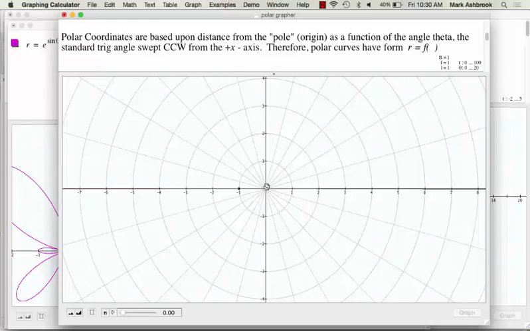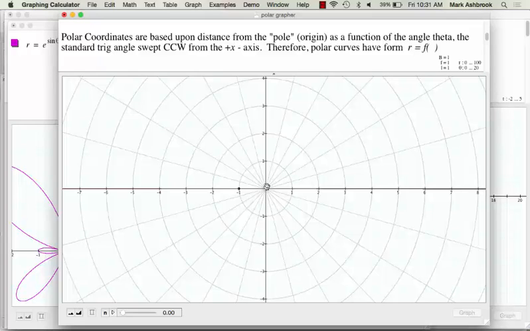We're used to x telling us how far left or right to go, and y telling us how far up and down to go. So polar coordinates are a totally different way of locating points. Instead of left and right and an up and down coordinate, you have distance from the pole, which is the origin, and angle theta, which is your trig angle swept counterclockwise from the positive x-axis.